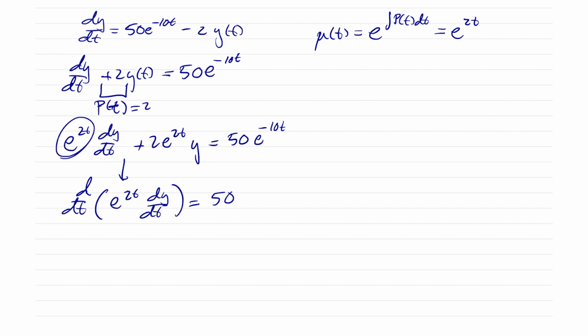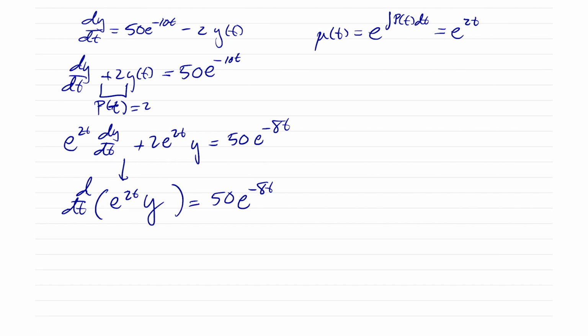So I multiplied by e to the 2t here, but I forgot to multiply here. And so what that would ultimately get me is e to the minus 8t. Okay, so we have e to the minus 8t here. Now I integrate both sides. Oops, and again, I made another mistake. That should have just been y, right? So this is a product rule, and it just becomes this. All right, so there we go.